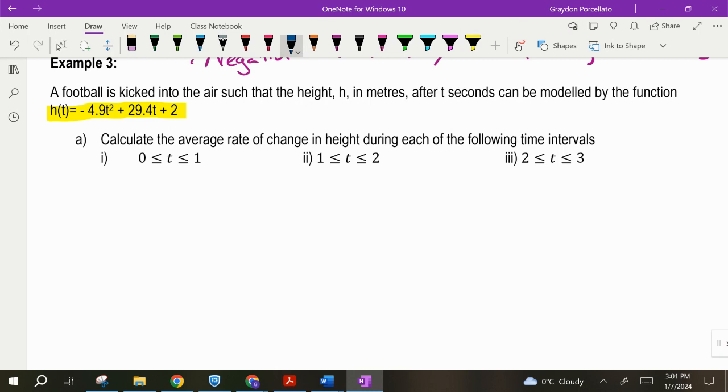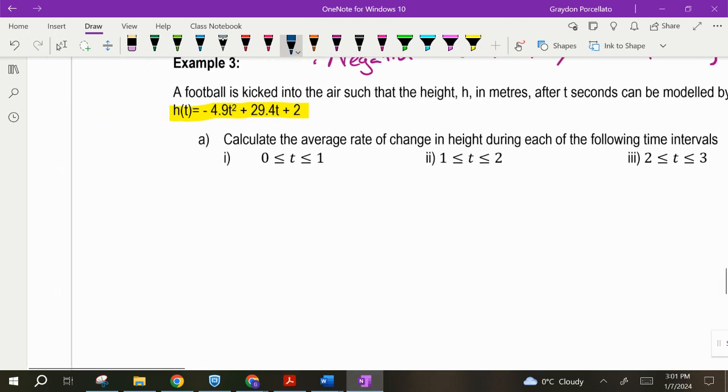Now, I'm just going to give a little sketch of what this graph might look like. We see that the a value is negative, which means that this graph opens down. Also, if I sub in 0 for t, the height when time is 0 is 2.